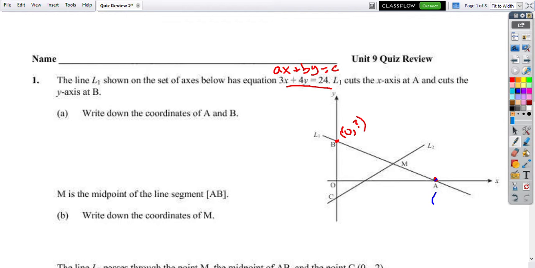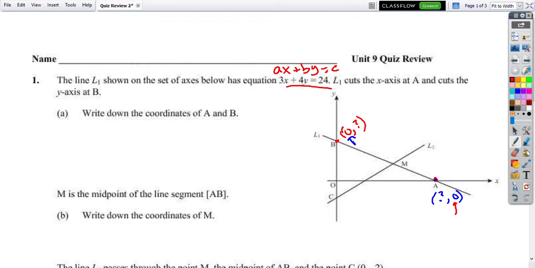So this has the coordinates of (something, 0). And so what we want to do is figure out what the question marks are, right? If I'm looking for the y-intercept, I'm going to plug 0 in for the x, and if I'm looking for the x-intercept, I'm going to plug 0 in for y, okay?